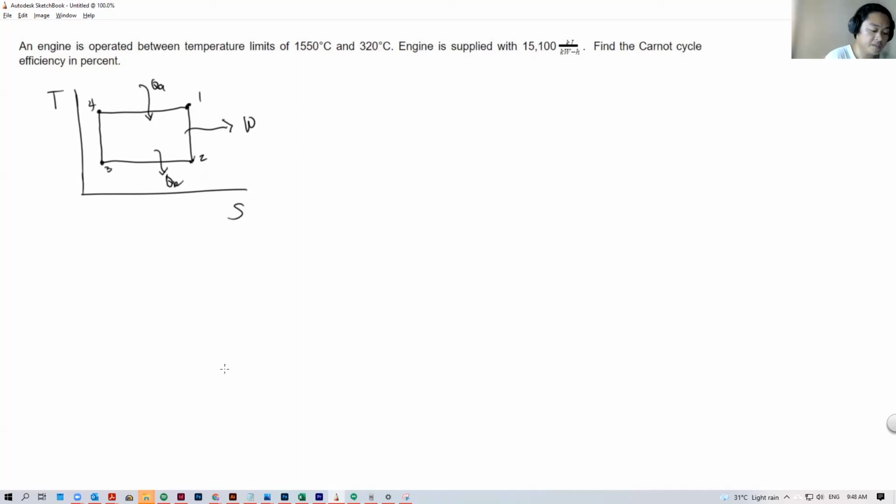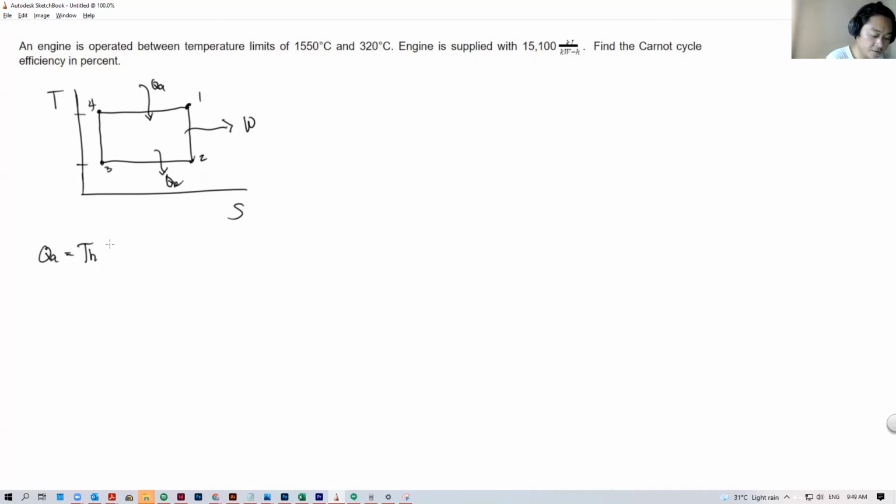So basically, this is our schematic diagram for the Carnot cycle, and the heat added QA is just equal to the temperature, which I'm going to indicate as our high temperature. You only have two temperatures here: T4 and T1 are equal, and T3 and T2 are equal.